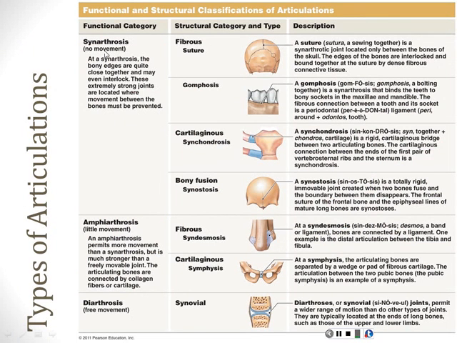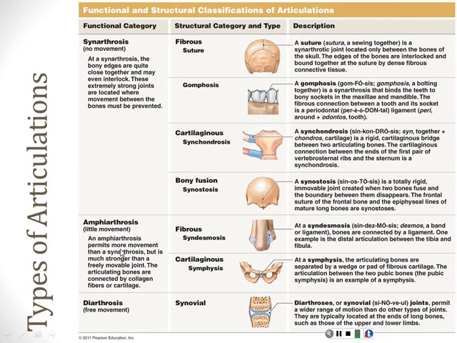So, synarthroses have no movement, so they're a joint because two bones have come together there, but it doesn't move. Those are things like the synostosis, the sutures, the teeth in the jaw. So these are our bone connections that don't move.